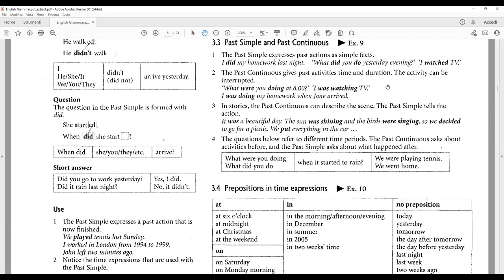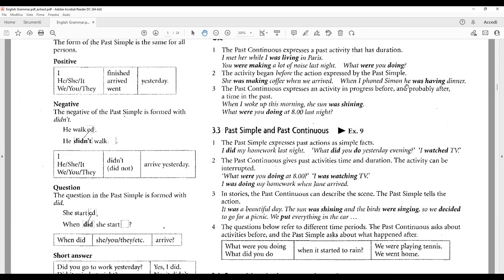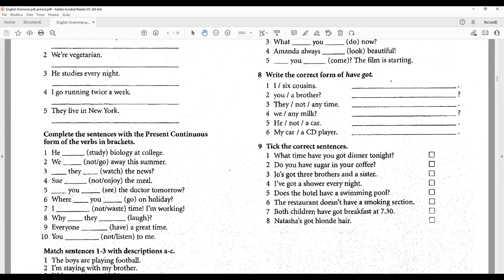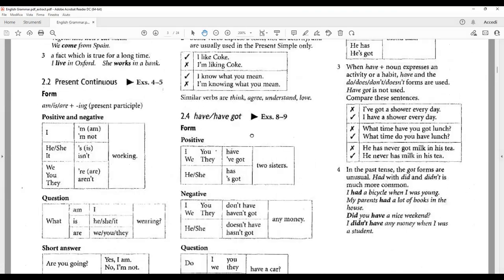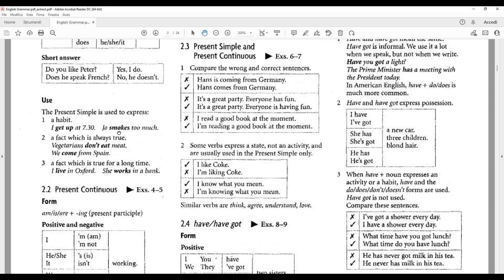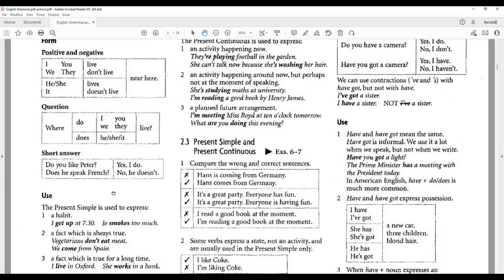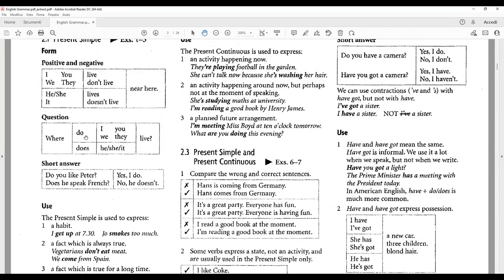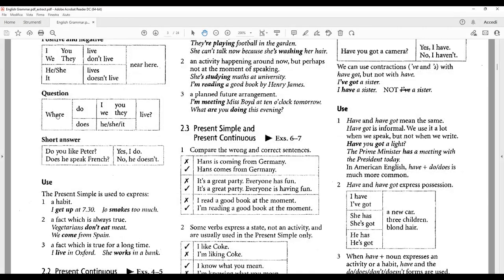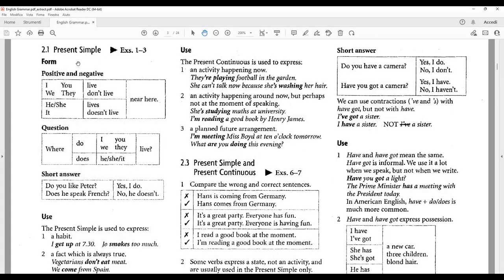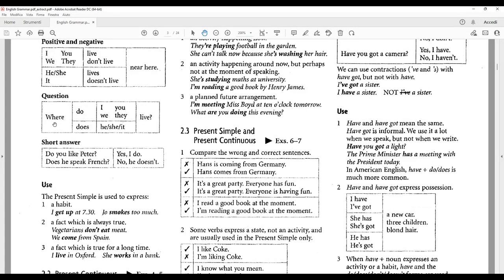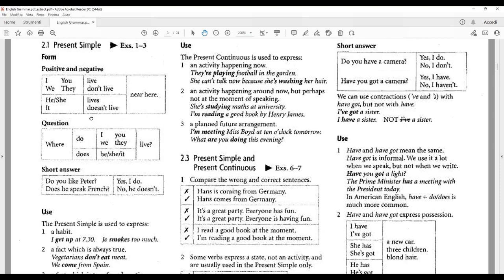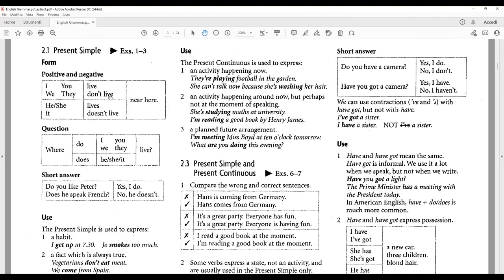Let's do a comparison. Facciamo un piccolo paragone. Let's do a comparison with the unit 2. Eccolo qui. Questions: do. In the present simple usiamo il do o il does per fare le domande o il don't per le negazioni.